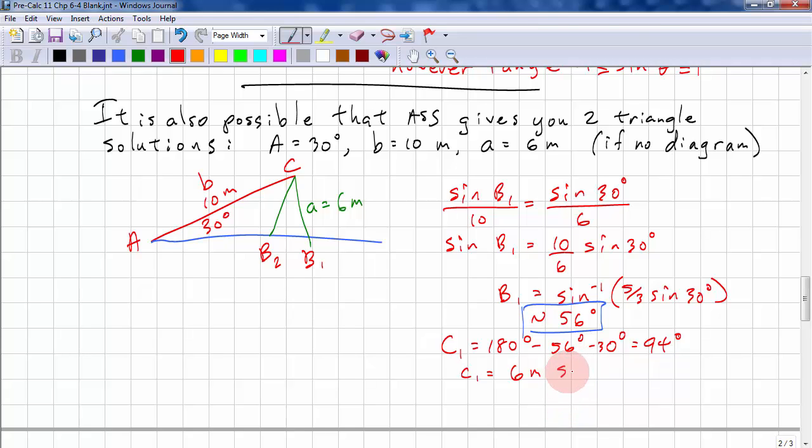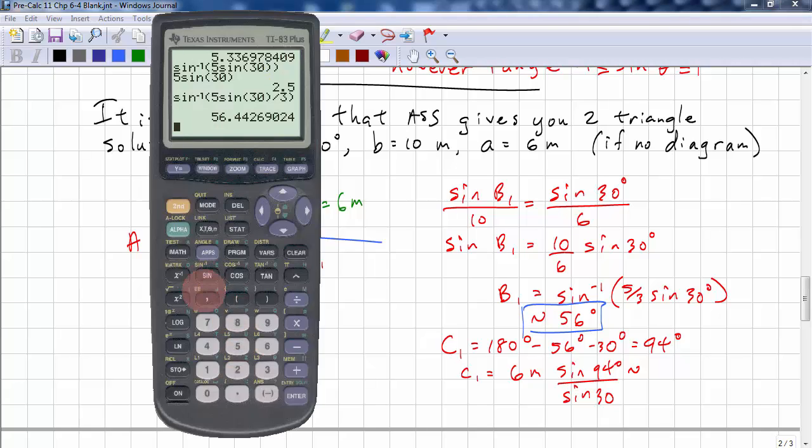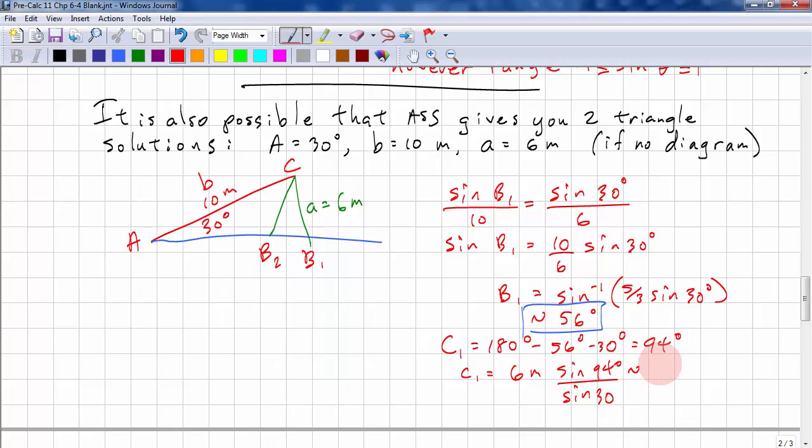And this is sine 94 over sine 30. And we have approximately 12.0 meters.